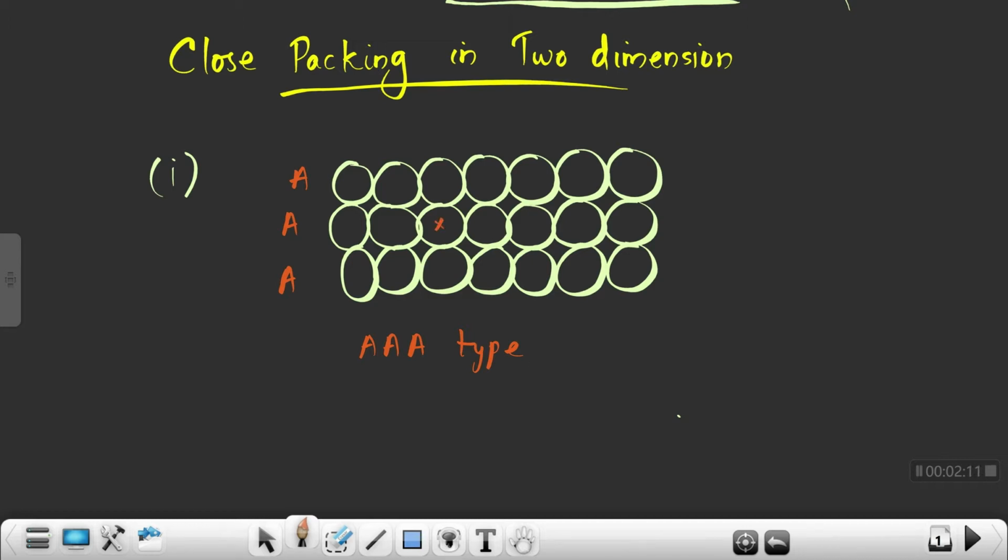That means, consider this sphere, which is in contact with the first, 2, 3 and 4, four of its neighbors. So the coordination number is 4, and if we draw the centers of these 4 neighboring spheres, a square is obtained. So this type of arrangement is also known as square close packing.